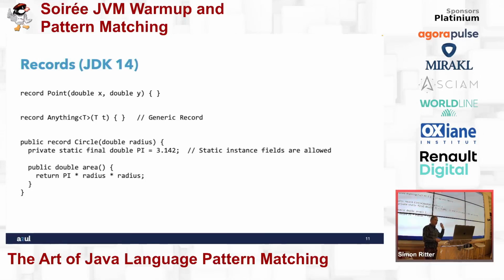So circle has a declaration which has a single value that we store in it called the radius. We can't add any other instance fields unless they're in the record declaration. You can't add an instance field like Z, for example, but you can add static fields. So pi with a fixed value, that's quite okay. And you can add other methods like area to calculate the area of your circle.